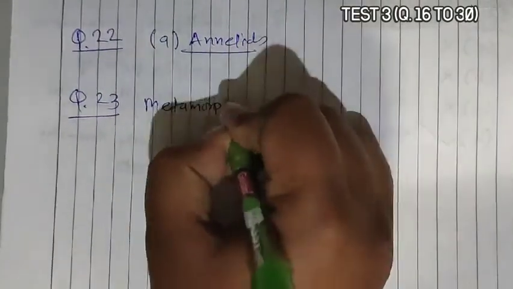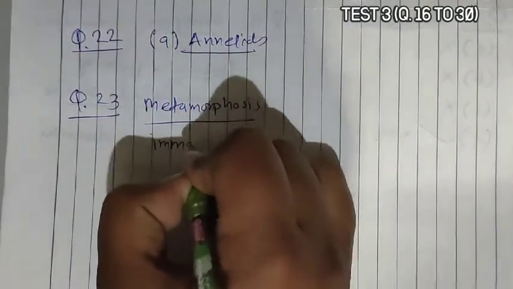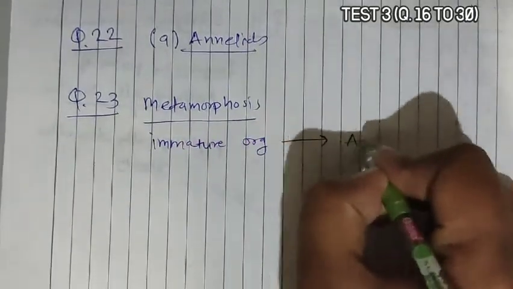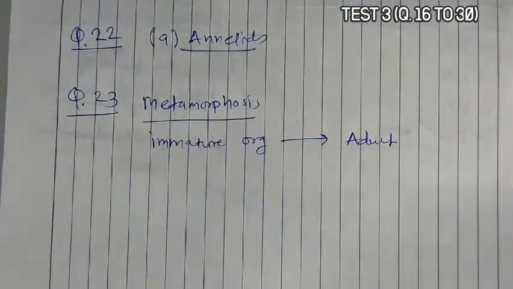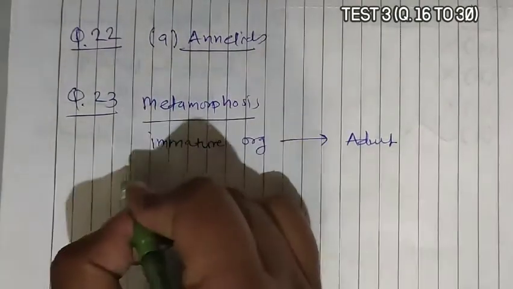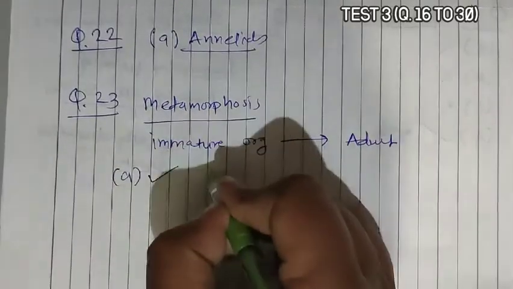Metamorphosis is a phenomenon in which an immature organism transforms into the adult, and we have to select which does not undergo this type of metamorphosis. Option A is given as moth, it goes through metamorphosis.